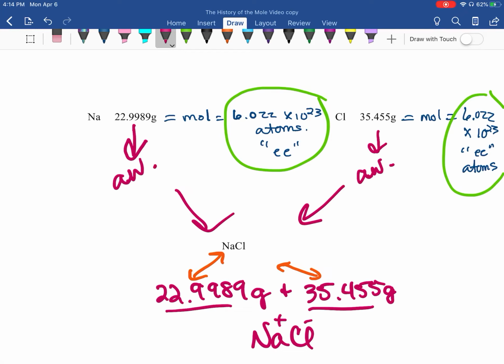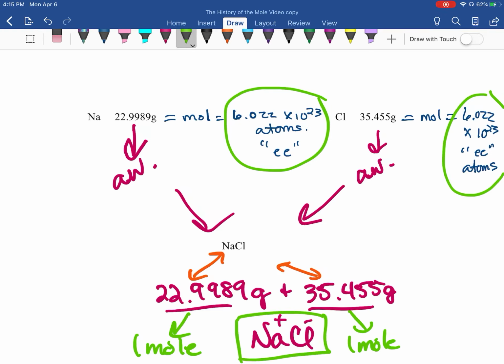Okay, now here's the trippy part. You just added 1 mole of sodium, 1 mole of chlorine, and you made sodium chloride. So what is your new definition of a mole? Your mole doesn't have to be only atoms. Your mole can be molecules. So if you have a mole of sodium chloride, let's see if we can figure that out.